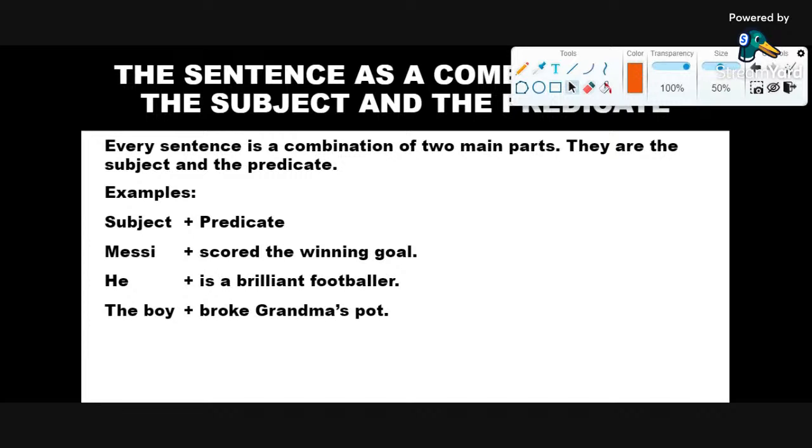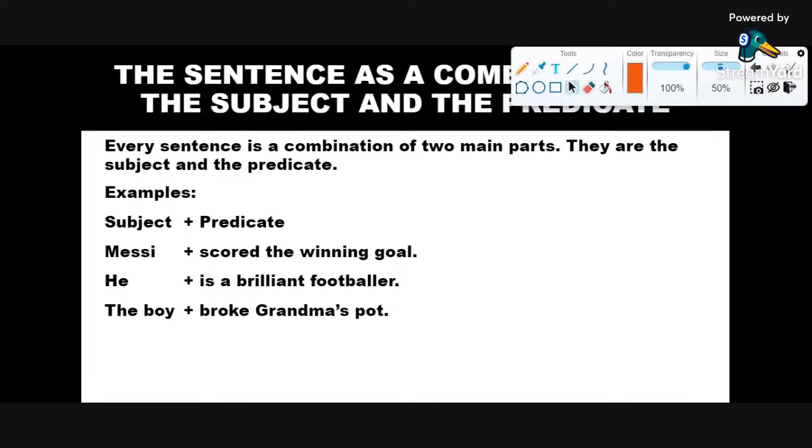Again, remember that the predicate tells us what the subject does or is. So the predicate is... you find the verb is. It begins with the verb is, and the entire predicate is a brilliant footballer.